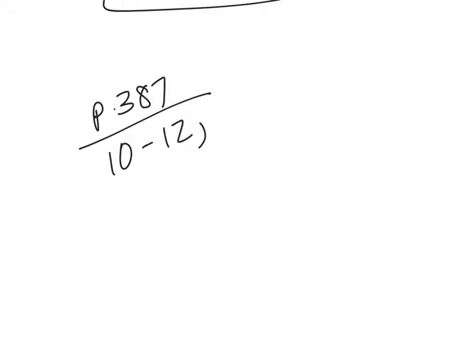So on page 387, 10 through 12, and 15 through 18. And then you're also going to need to do some sum or difference of cubes problems. So I think 61 through 66 would be some good ones there.